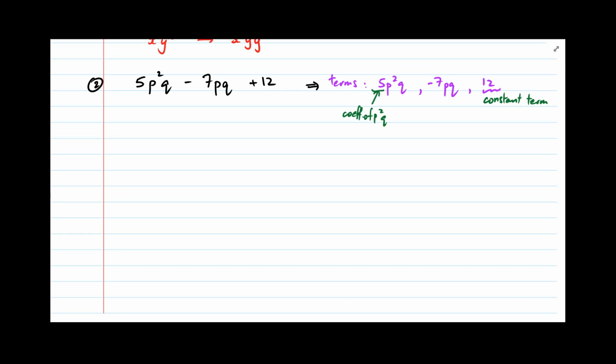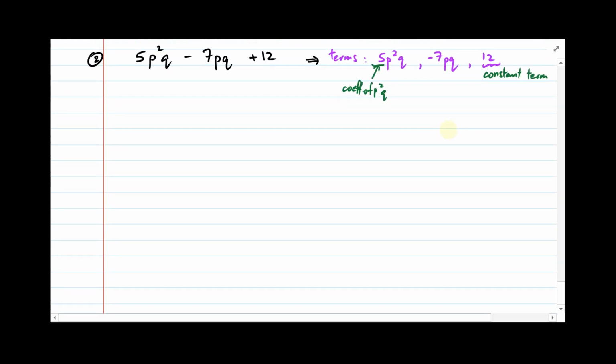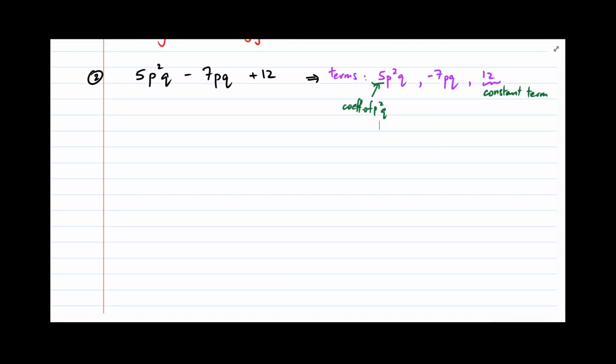What else did we do last time? We asked, what was the degree of each term that we have? If we ask the degree of each term, this particular one would be 2 plus 1, so again I get 3. But over here, I get 1 plus 1, which is 2. And the constant term has degree 0.